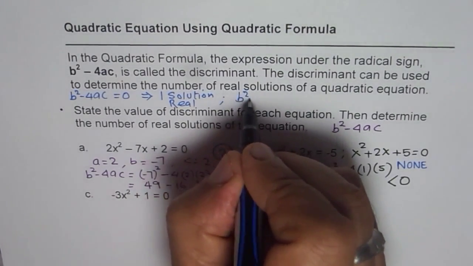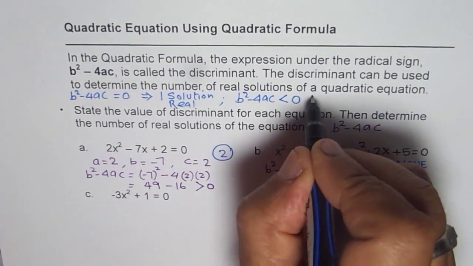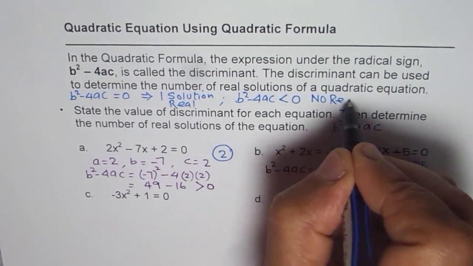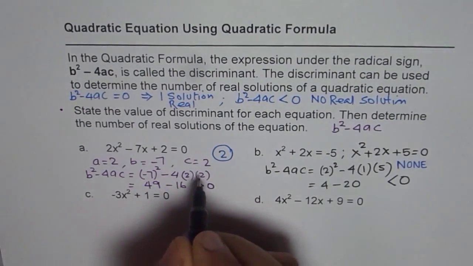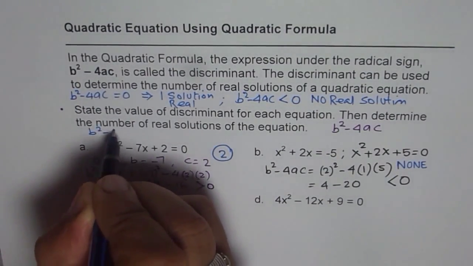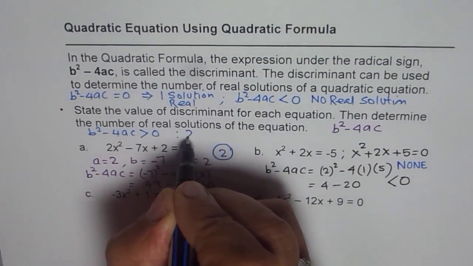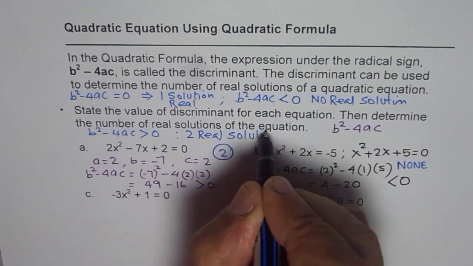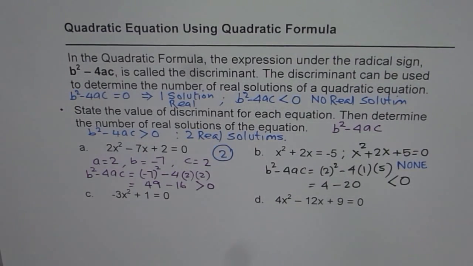If b squared minus 4ac is less than 0, then since it is negative, we have no real solution. And if b squared minus 4ac is greater than 0, then we have two real solutions.